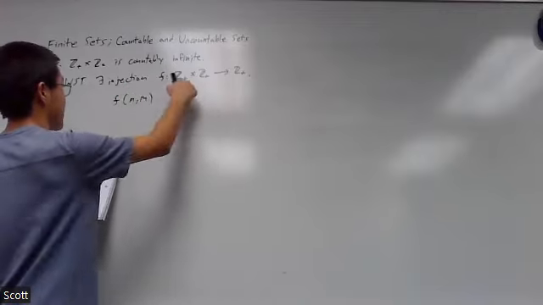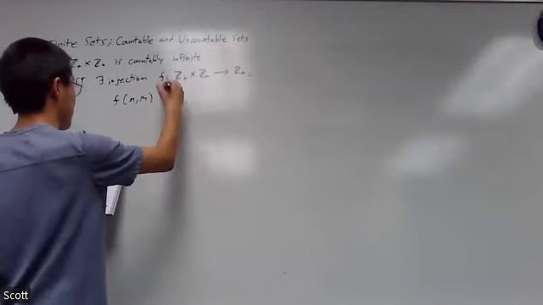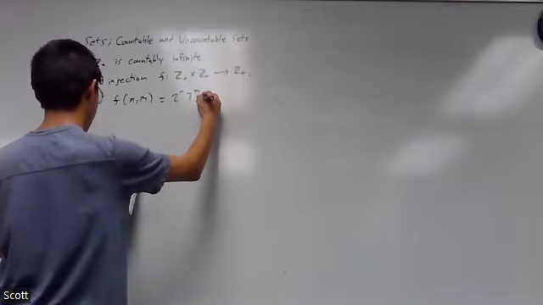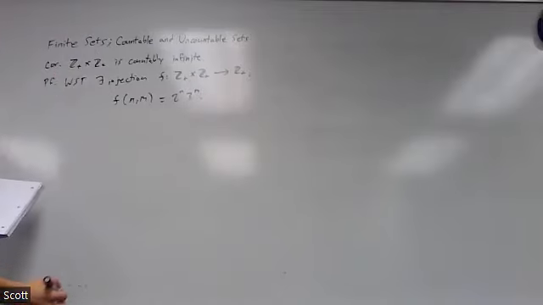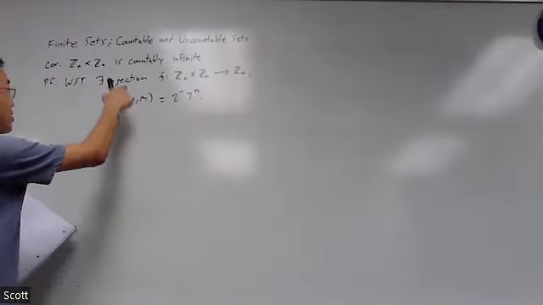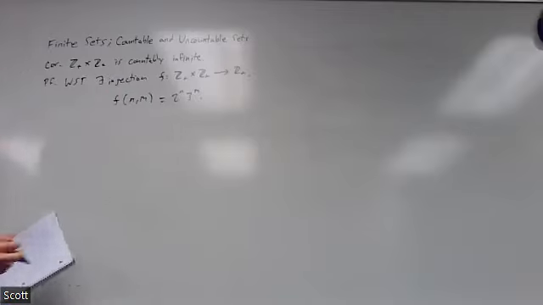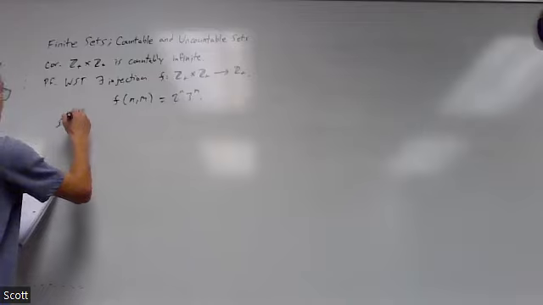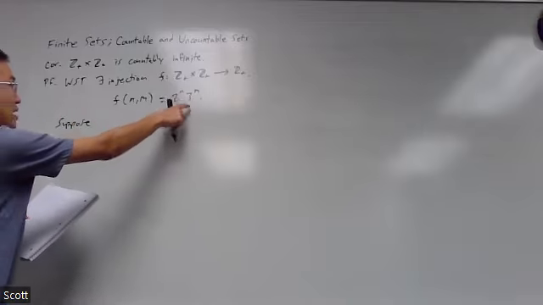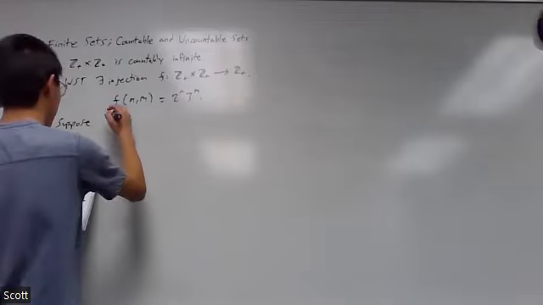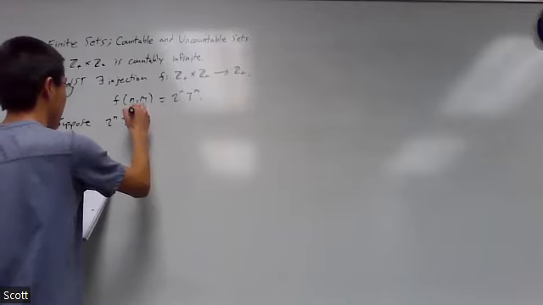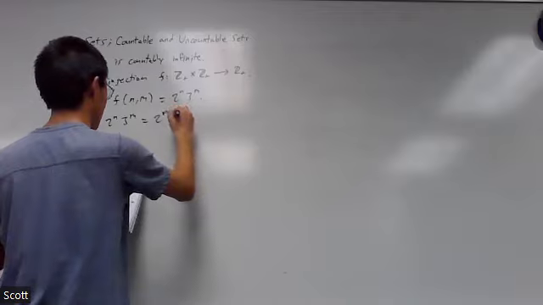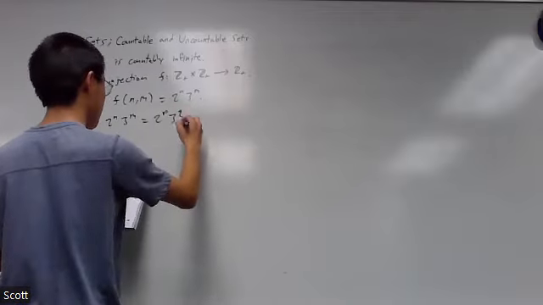f of n and m, because we need to take two inputs, and we'll spit out 2 to the n, 3 to the m. Okay, so now to show injection, that's where there's the review. We're going to suppose that two of these outputs are the same. So 2 to the n, 3 to the m, and we'll use p and q, so 2 to the p, 3 to the q.